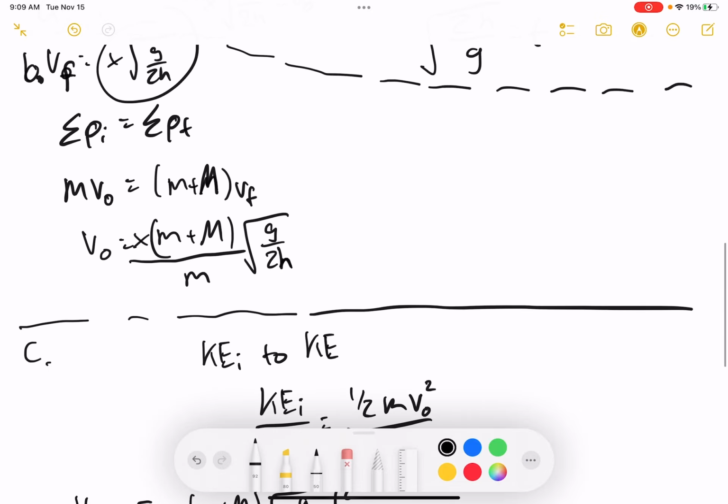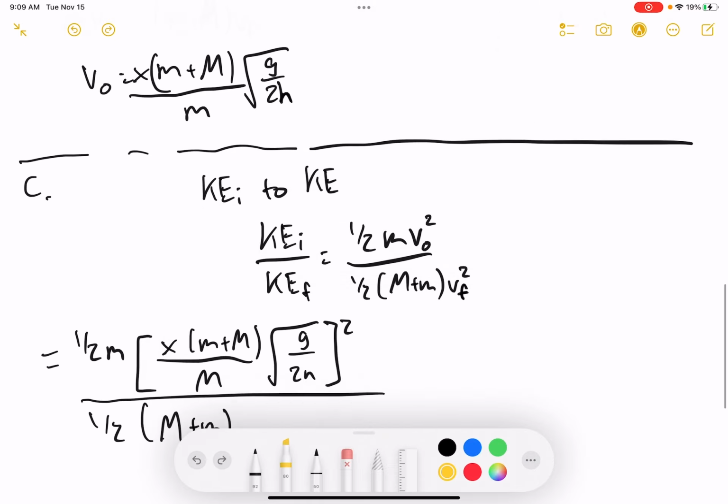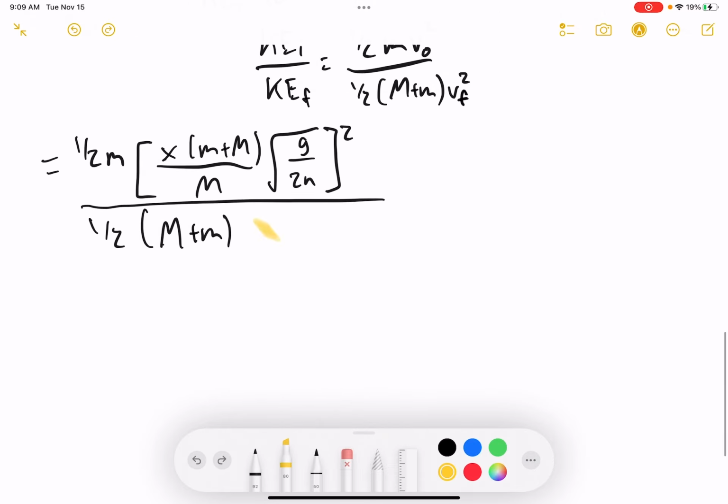Now let's go ahead and scroll up and see what our vf was. So our vf here was this stuff right there. So I have x root g over 2h. Let me go ahead and put brackets around this and square.